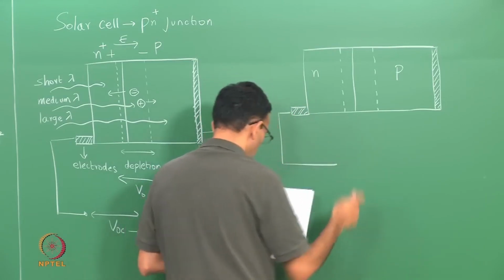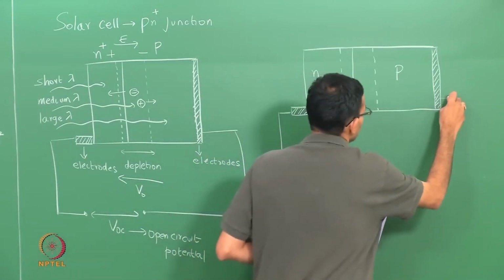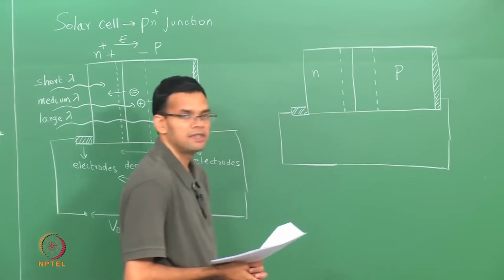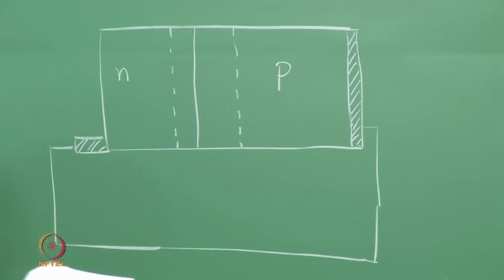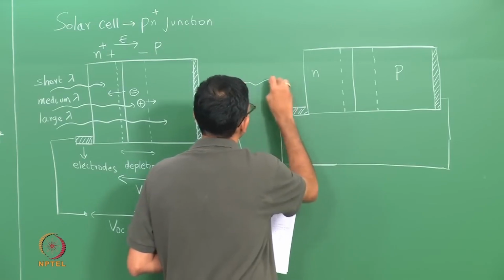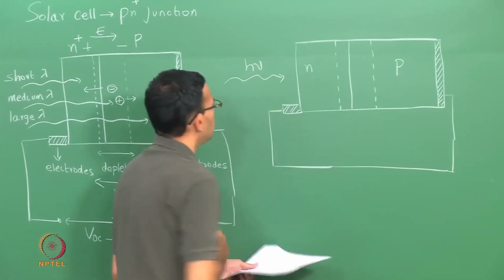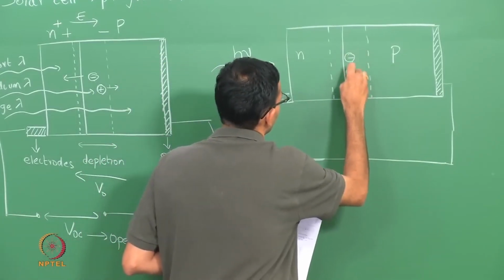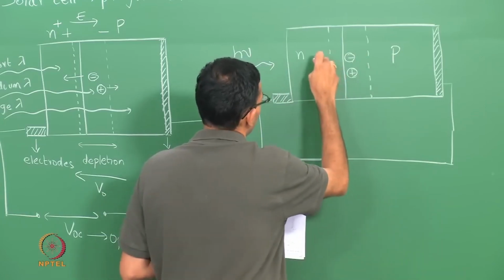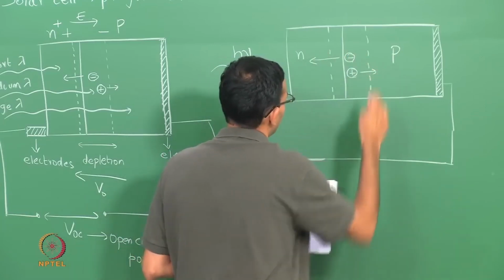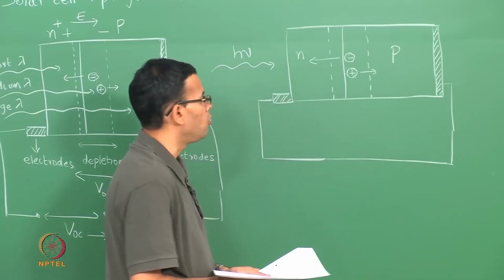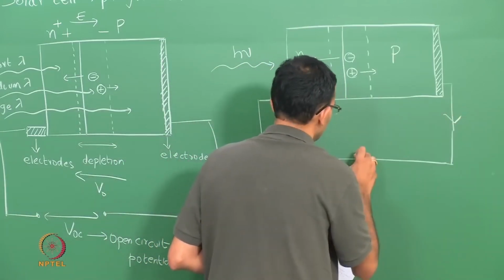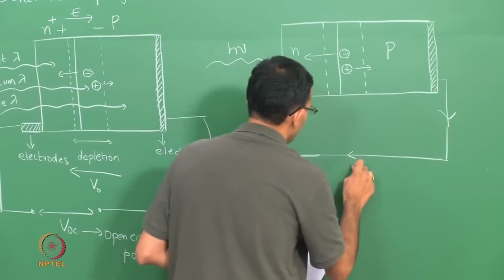And instead of having an open circuit, we make the electrical connections so that current can flow. So, in this particular case, once again you have solar radiation falling on your sample, an electron hole pair that is generated, the electron accelerating towards the n side and the holes accelerating towards the p side, so that the current flows from p to n.